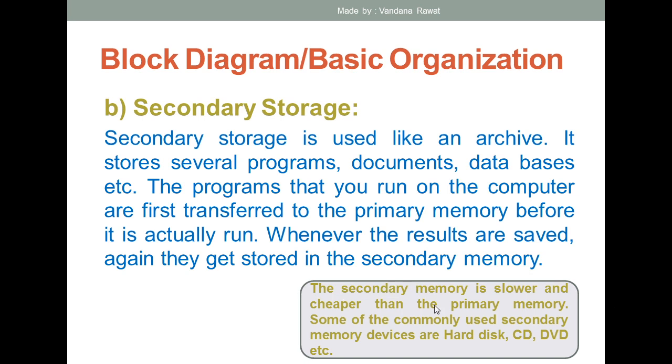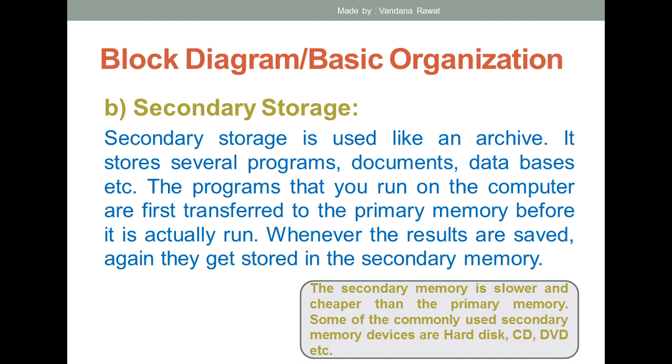Now if we talk about secondary memory, it is slower and cheaper than the primary memory. Primary memory is very fast in nature. I'll tell you in detail when we learn the concept of computer memory. But still you should know that the speed of primary memory is faster in comparison to any type of secondary memory.